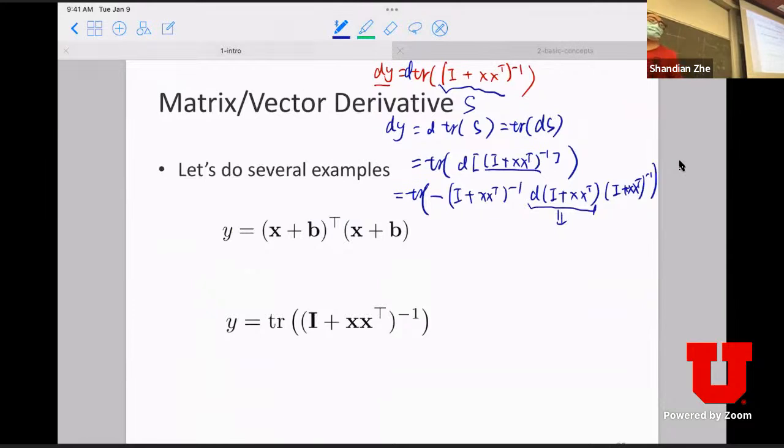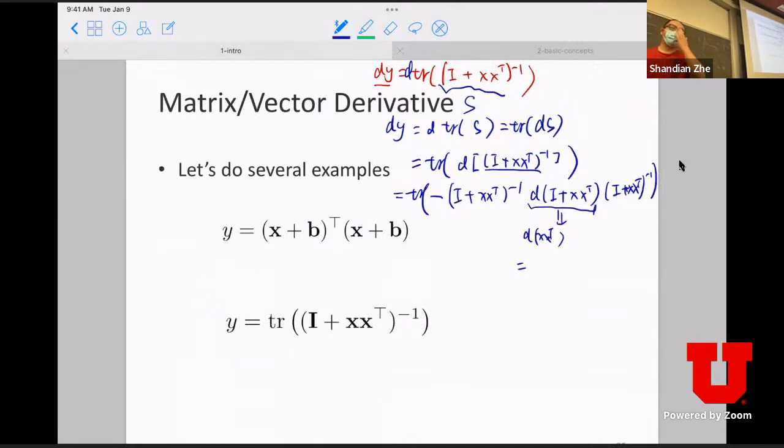First, identity is constant, so d of I is simply 0. Then the derivative of x x transpose is what? Right now we cannot write 2 times something like that.